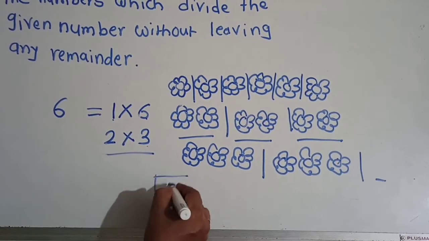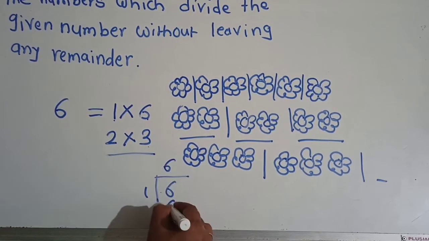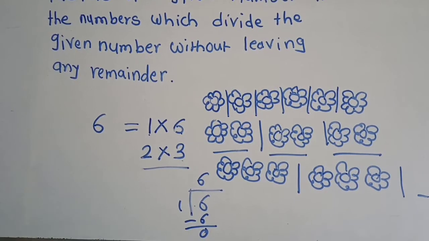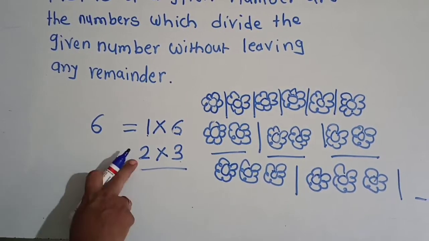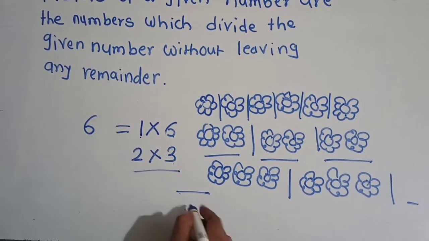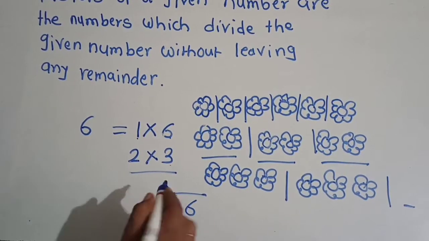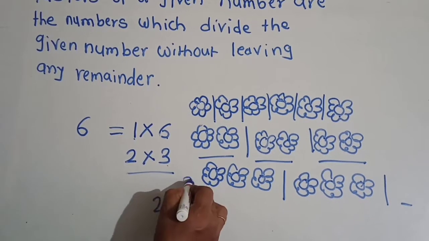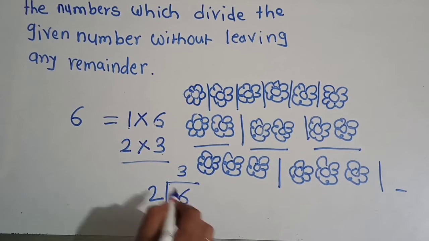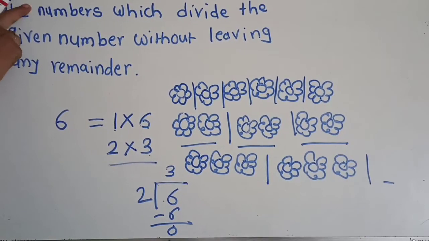I show you like this: 1 six is 6, remainder 0. Then when we divide 6 by 2, 2 threes are 6, remainder is 0. Means what children?